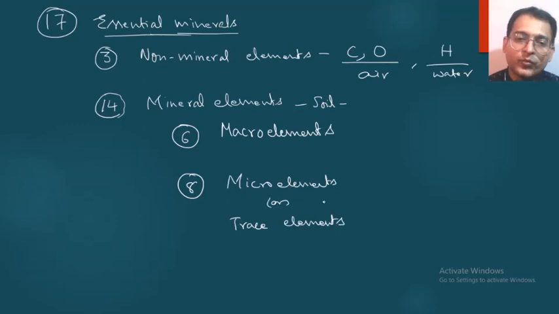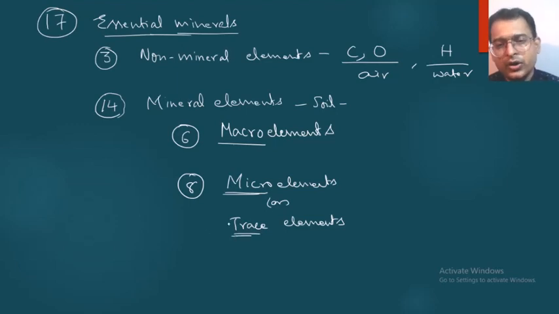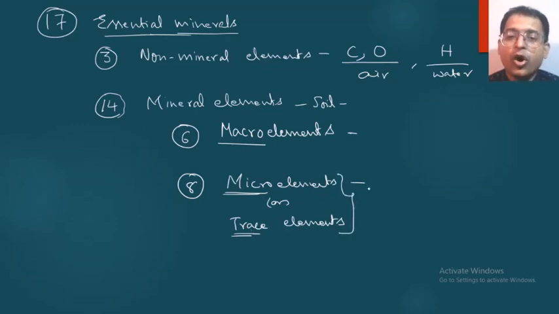So one is macro elements, the other is micro elements or trace elements. From the term itself you can understand that macro means it is required in large quantities. Micro or trace means they are required in small quantities.